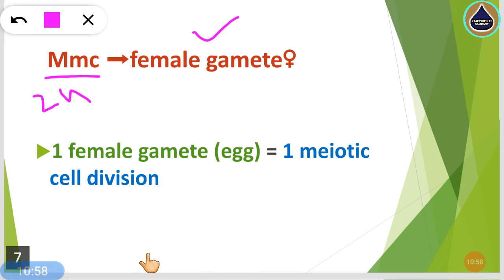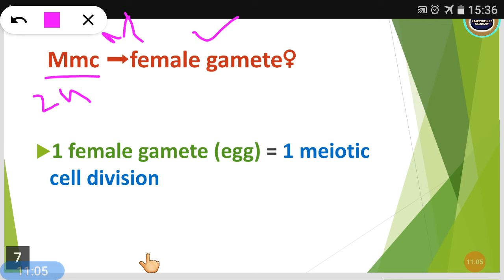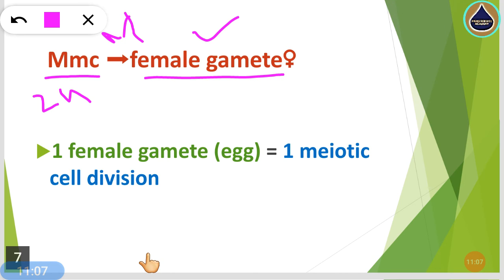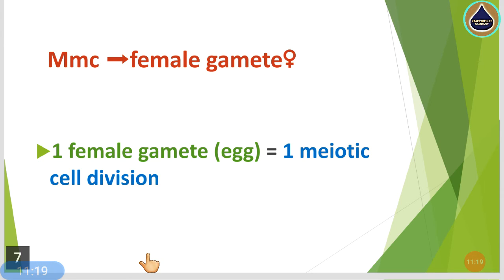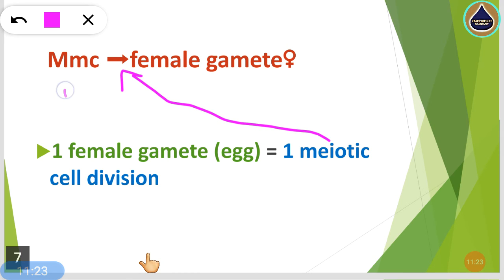By the process of meiosis, this megaspore mother cell converts into the female gamete. But the formula is very simple. One female gamete, also called the egg, is formed by one meiotic cell division. It means by one meiotic cell division, this megaspore mother cell converts into one female gamete.